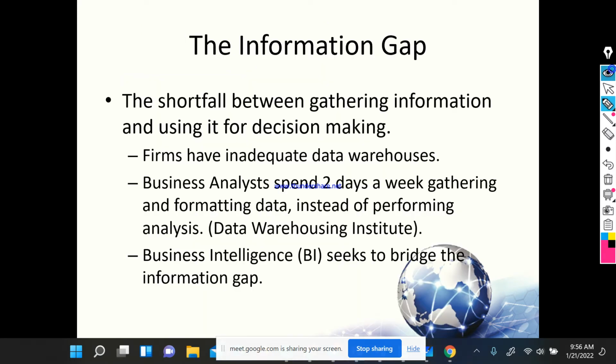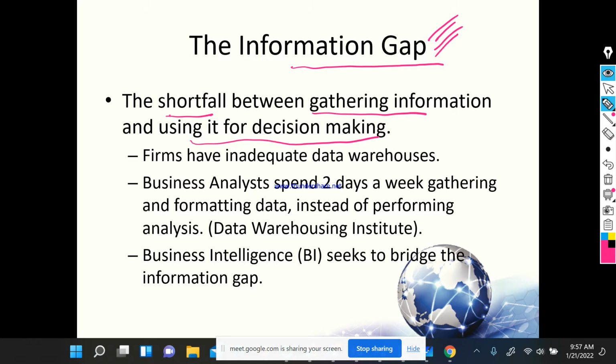So, information gap. Information gap is something that is always there. What is that? The shortfall between what you are gathering and what you are using in decision making. This is a very challenging part: you always have an information gap. It is very natural.